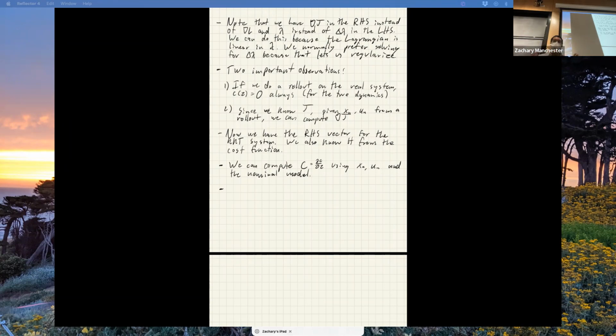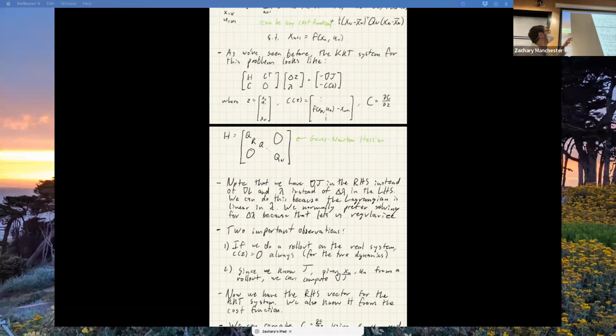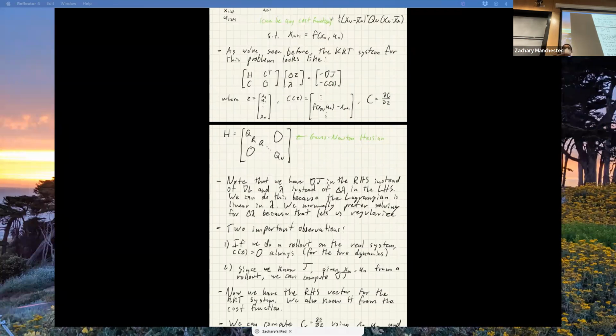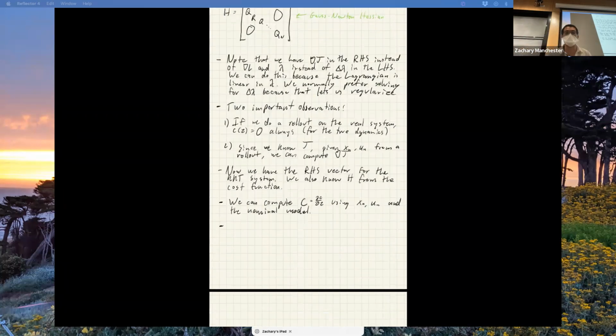Assuming that the offline optimized trajectory is pretty close to the right answer, and that our nominal model is not too terrible, I'm just going to compute the KKT system offline once, linearized about the reference trajectory that I compute offline. Then, assuming the model's not too bad, when I run it on the real system, I shouldn't be too far off from the reference. Does that make sense? So the linearizations from the reference computed offline should be good enough, and things should converge.